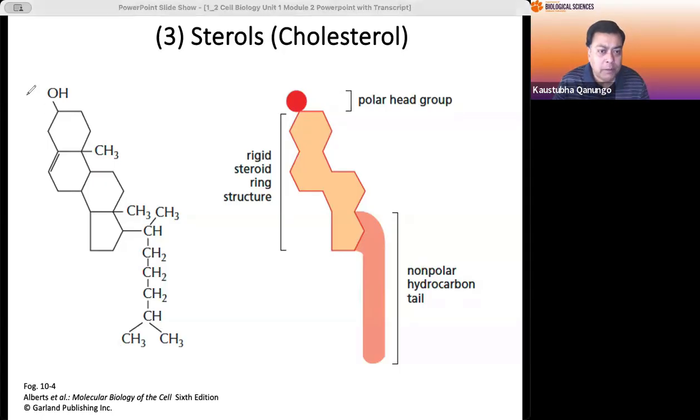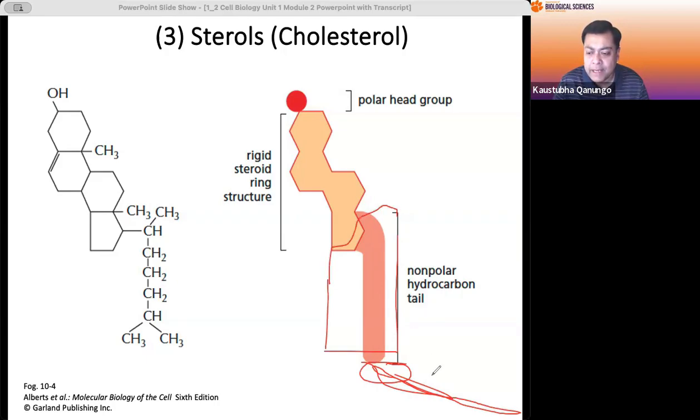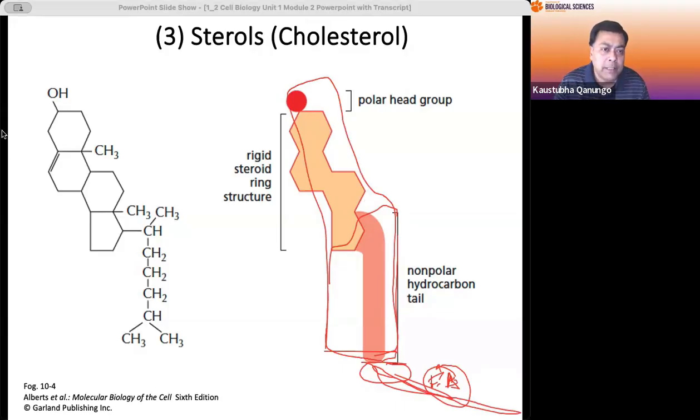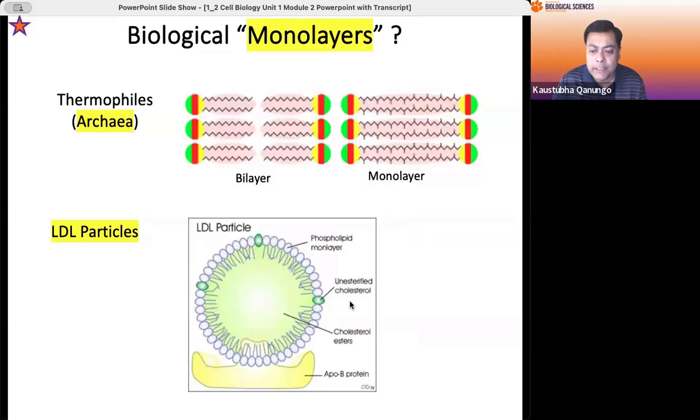I just wanted to clarify that when you make a cholesterol ester, the ester is connected onto that. This tail is part of the cholesterol, so don't consider it a fatty acid. The fatty acids are associated here, and when it is associated here, we call that a cholesterol ester. Whereas if you have just this part right here, this is unesterified cholesterol, which is inserted into the membrane that we have seen in that picture. So this is in the membrane, unesterified cholesterol, and here the cholesterol ester.